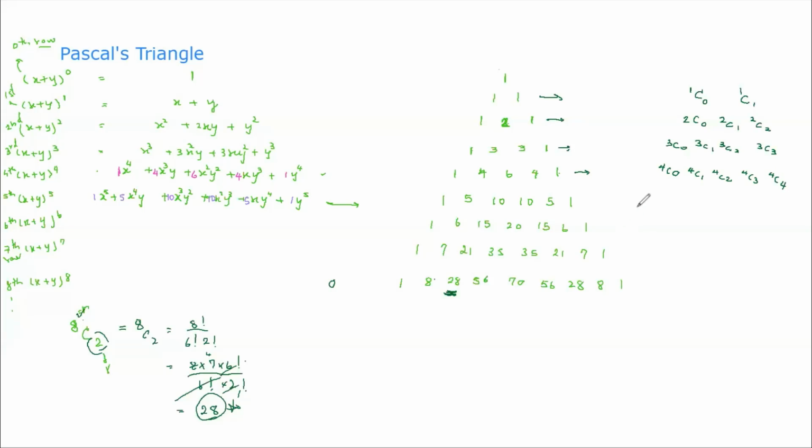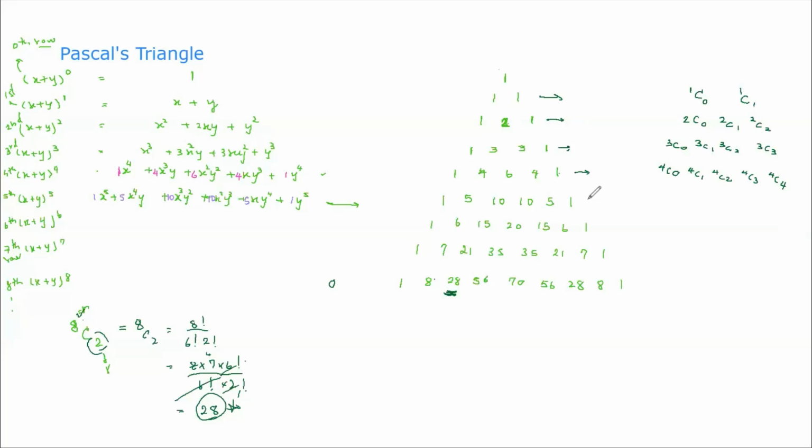And keep going. You can observe the first one at the start of each row: 1C0, 2C0, 3C0, 4C0, and the fifth row is going to be 5C0. It's always equal to 1. And on the right side it's the same, 1, 1, 1, 1, 1, because 1C1 is 1, 2C2 is 1, 3C3 is 1, 4C4 is 1, and the next fifth row is 5C5, which is 1 also.